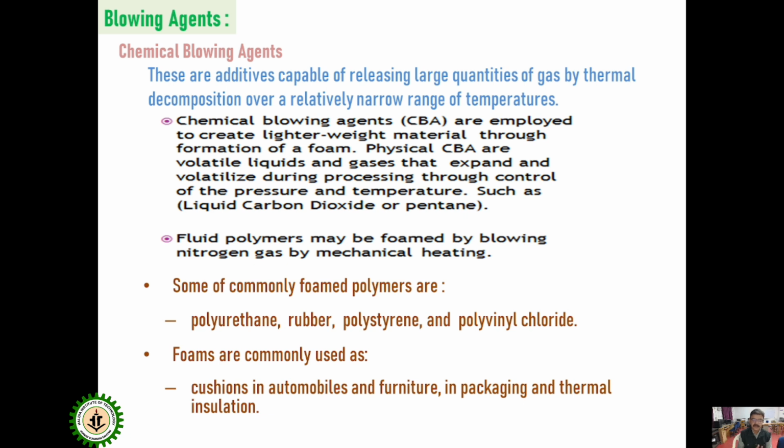Foams are common, for example, in cushions in automobile furniture, packaging and thermal insulation. Liquid carbon dioxide can be used sometimes. Blowing agents are a kind of material that, when exposed to high temperature, break into gases.